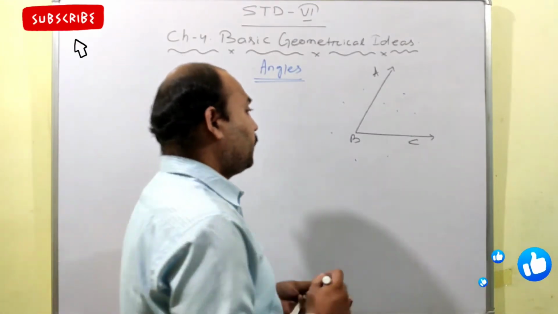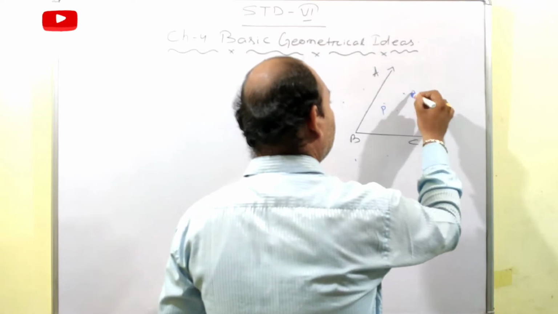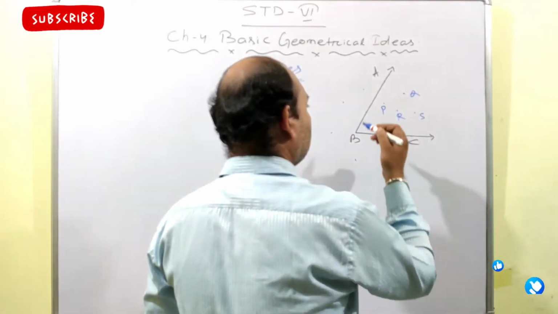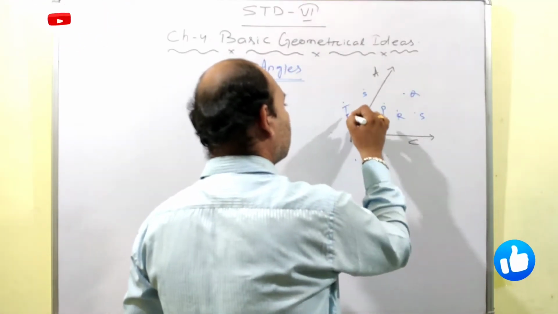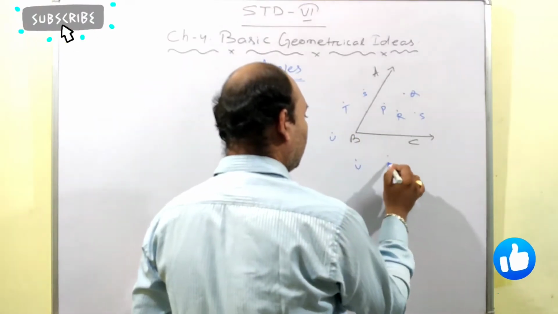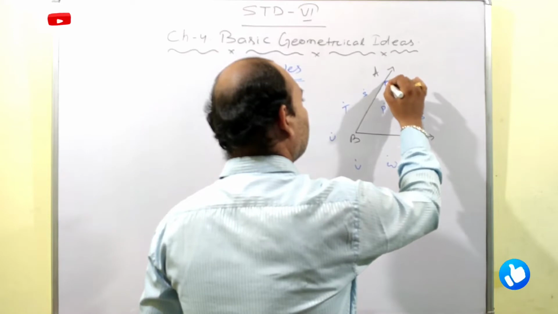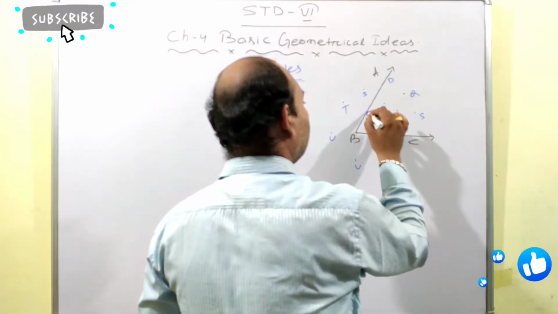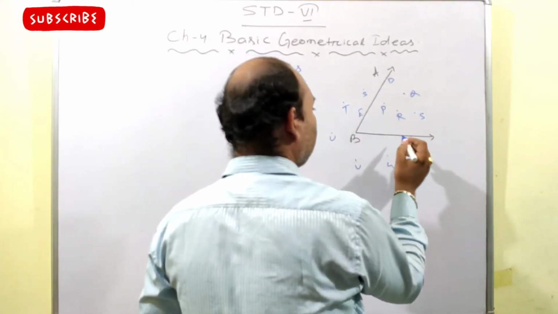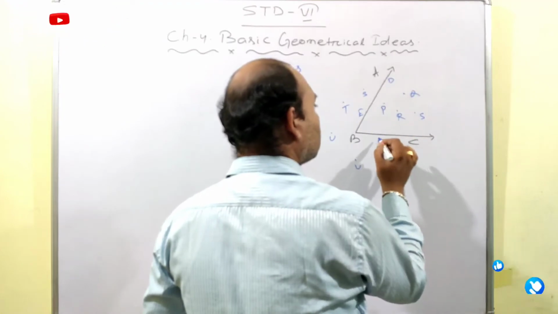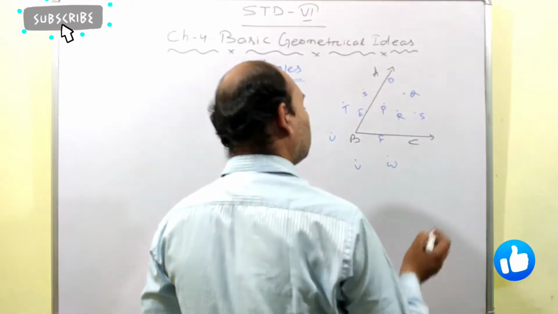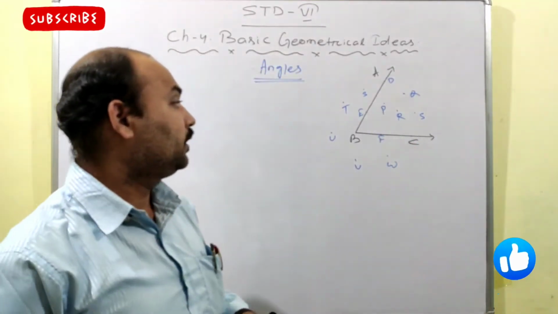So, suppose I name them P, Q, R, S. Then S, T, U, V, W, and this point is B, D, and this is E. It is F, and also C is given. Okay.